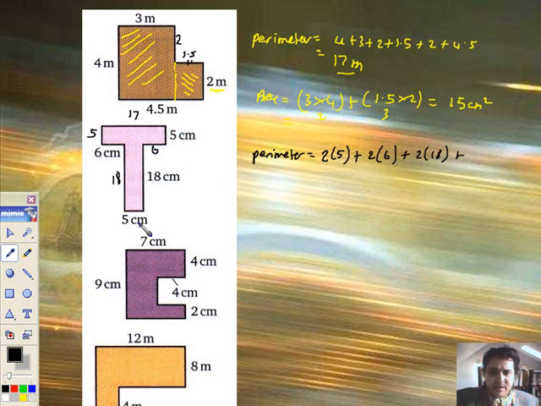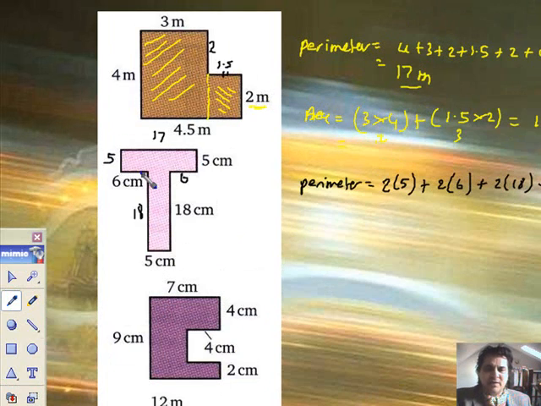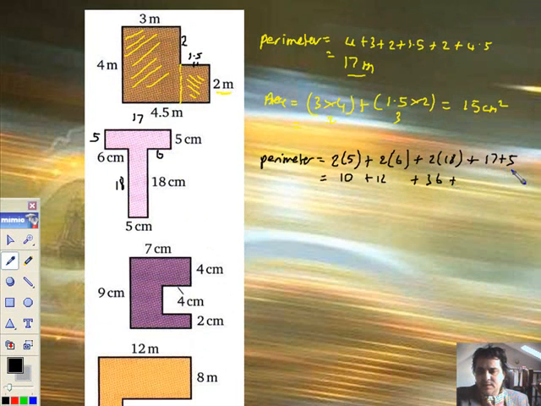I've got a 17 and I've got a 5. That's all the bits. I know I've got 3 5s, but I've put these together as part of the top rectangle, and that's a second, a separate 5 anyway. So what have we got here? I've got 10, 12, 2 18s, 36, 17 plus 5 is 22.